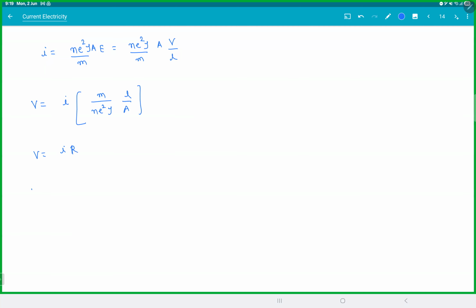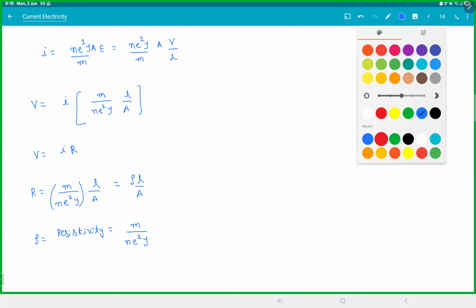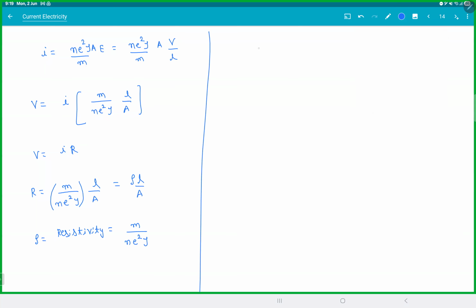So where R is given by m into n E square tau L by A, we will simplify this into rho L by A. So this constant here is your resistivity, which is given by the mass of the electrons by number of electrons per unit volume, E square, tau. There, that's your main thing there.